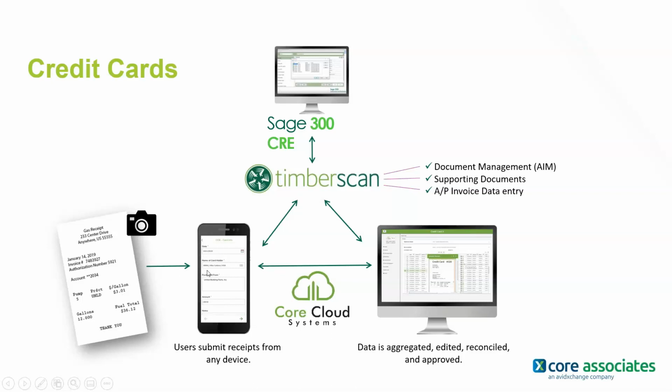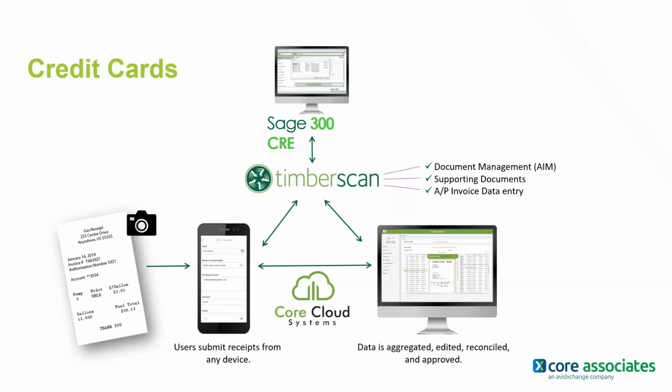They can fill out some very basic information, not a whole lot is required. They can take a picture of the receipt and attach it to the form, or they could put it in their gallery and call it up later on, and attach a series of PDFs or whatever it might be.